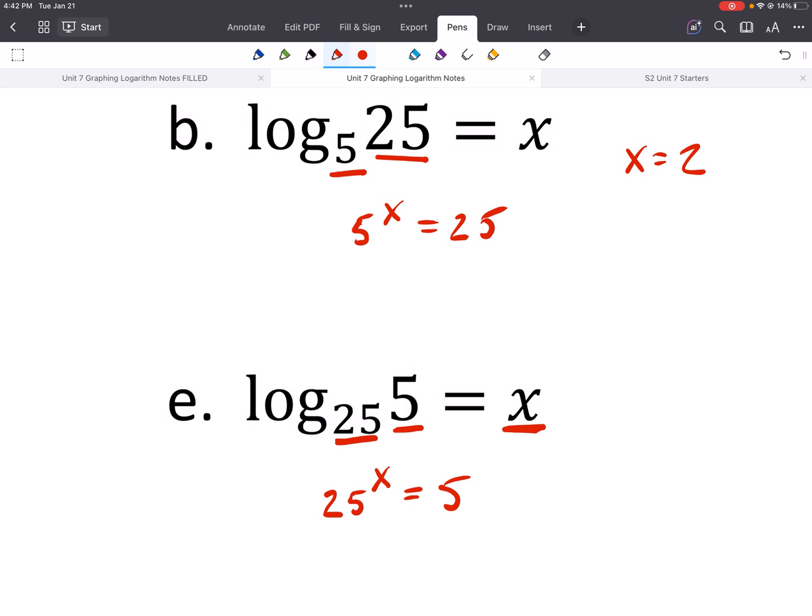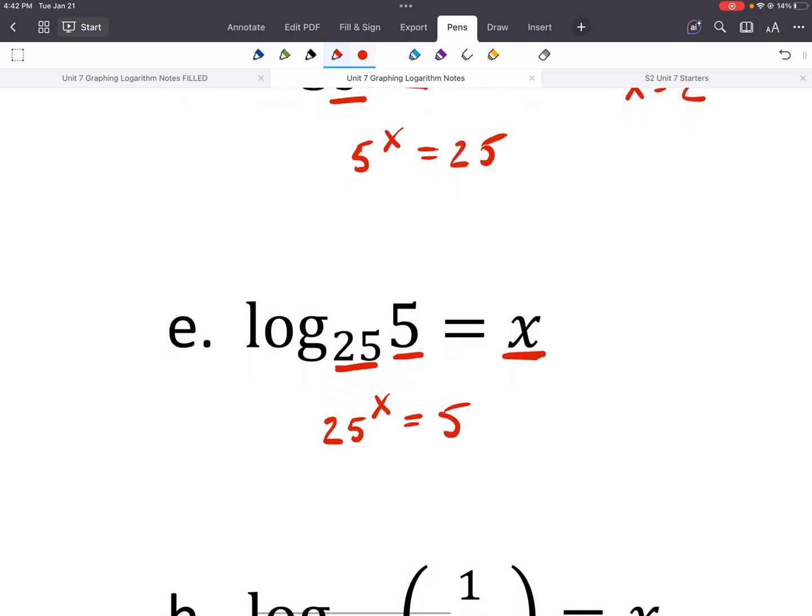Okay, so what would we have to do? We'd have to square root. But again, we are writing it with exponents instead of roots. So x has to be 1/2. Okay, because 25 to the 1/2 is the same as the square root of 25, which is just 5.